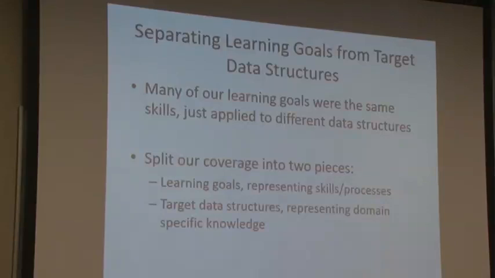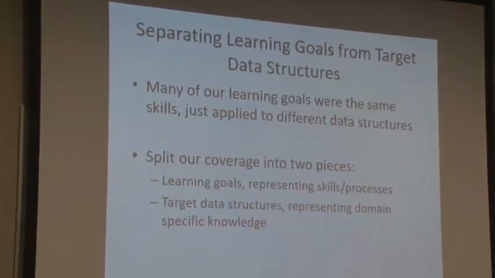And so we decided to split our coverage into two different pieces. We said, okay, we're going to have a set of learning goals which represent these skills and processes that our instructors want their students to be able to do. And then we're going to have a set of target data structures, and we're going to say, okay, our students should be able to do all of these learning goals to all of these data structures.